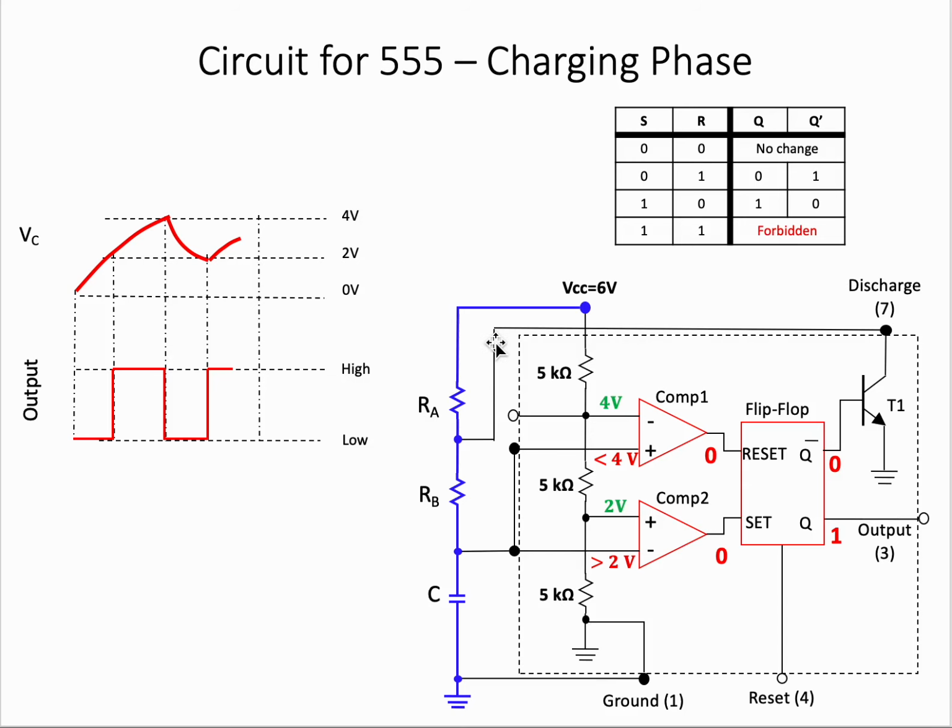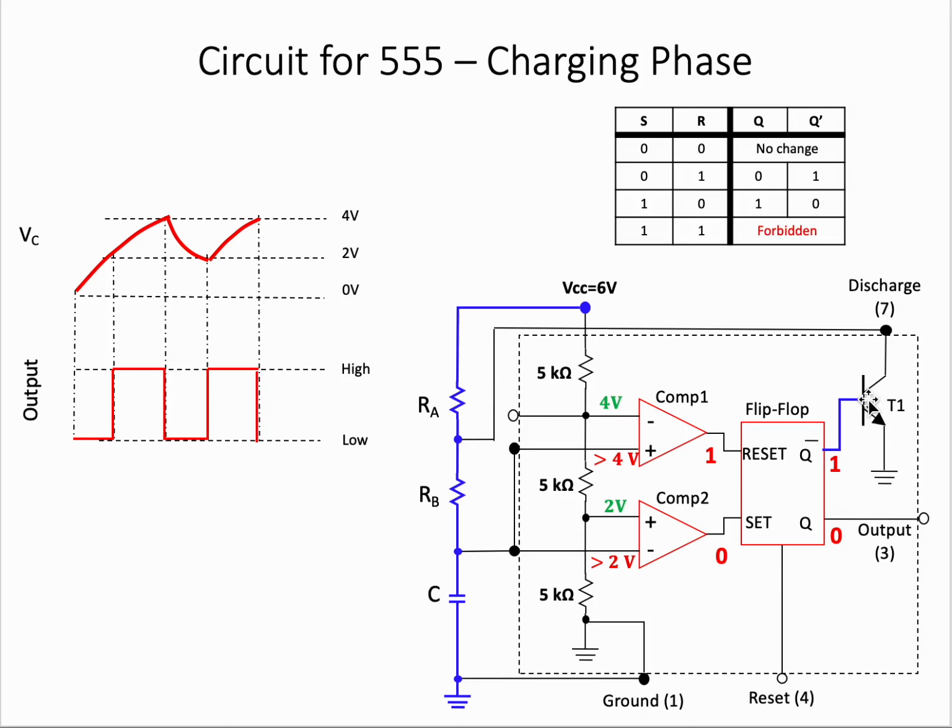Then the capacitor charges to 2/3 of the power supply again. Then comparator 1 triggers and goes to 1, while comparator 2 goes to 0. This time it resets the output, the output goes to 0, Q prime goes to 1, and the transistor is on.